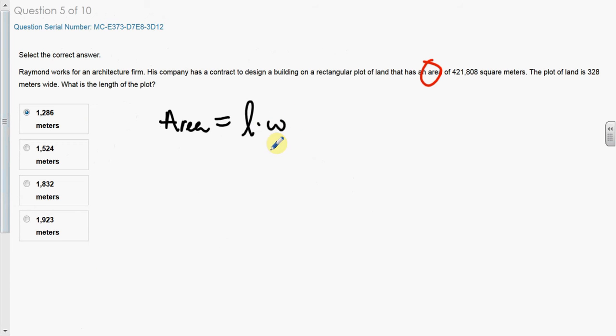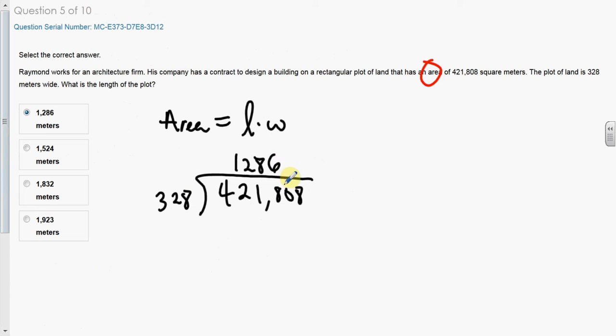So we have the area, which is 421,808. If I divide the area by one of those dimensions, here the width, I'm left with the length. So if we divide that by 328, and on your calculator, I got 1,286 meters.